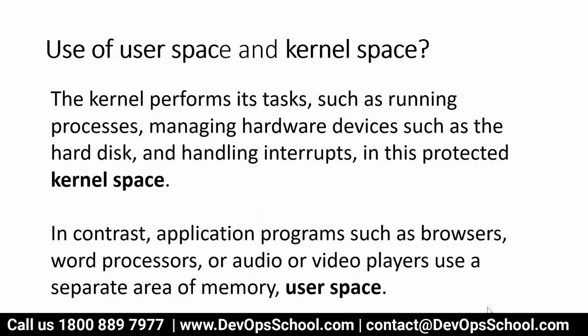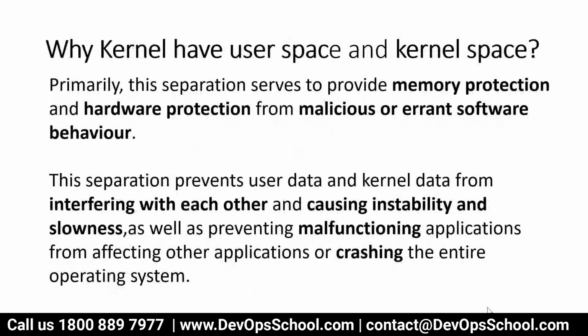The kernel performs tasks such as running all these things. So primarily, why do we have a separation of user space and kernel space? This separation serves to provide memory protection and hardware protection from malicious and errant software behavior.